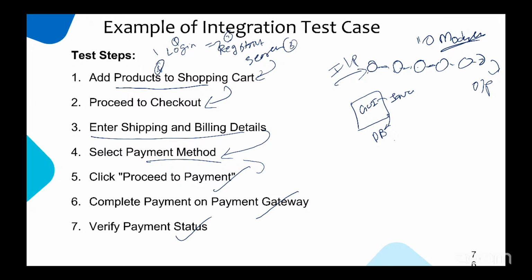So there is interaction between everything. Now, suddenly one more module is coming: payment. Nowadays we have so many payment options: internet banking, credit card, debit card, GPay, PhonePe, QR code. So this is the biggest module.